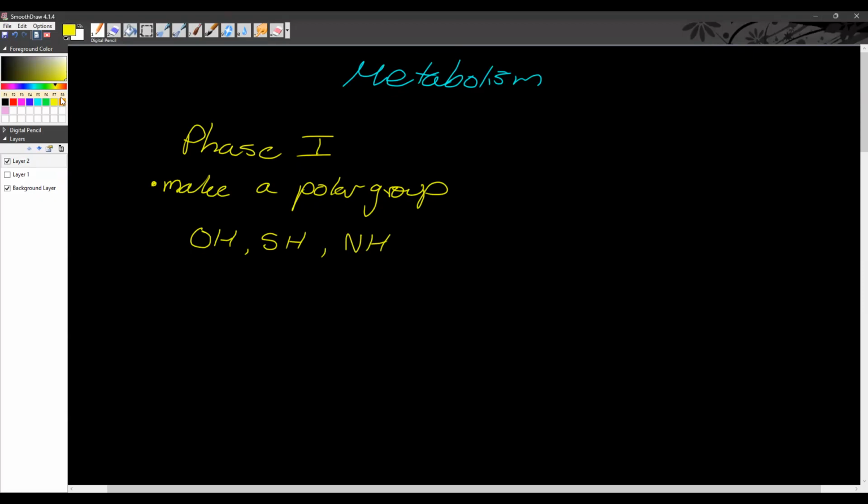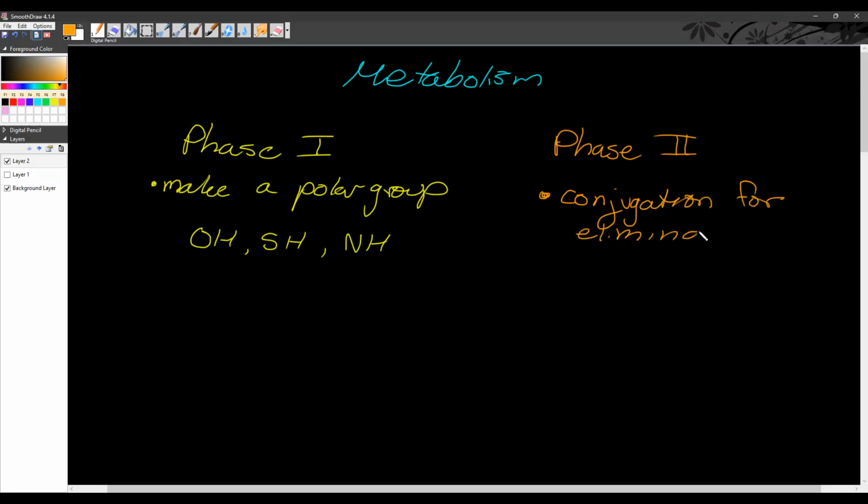And phase 2 is all about conjugation for elimination. So in phase 1, we have inactivation of the drug.